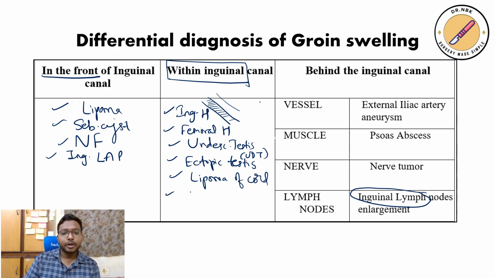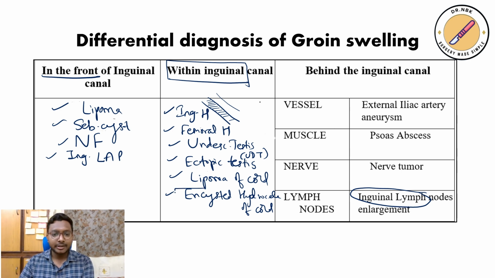Then also you can have encysted hydrocele of the cord. Okay, so what else? Inguinal hernia, femoral hernia, undescended testis, ectopic testis, lipoma of the cord, encysted hydrocele of the cord. So at this junction, the examiner can ask you one important question: how can you differentiate between encysted hydrocele of the cord and the inguinal hernia?